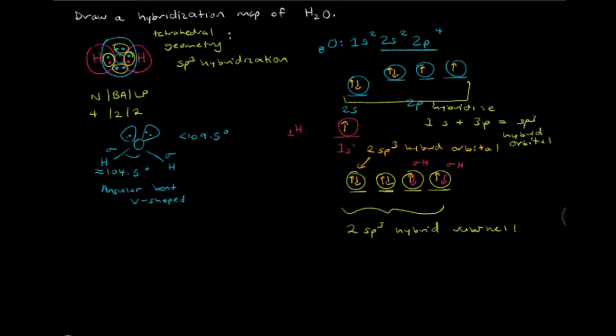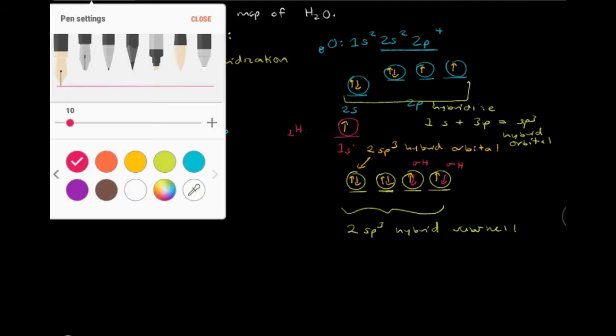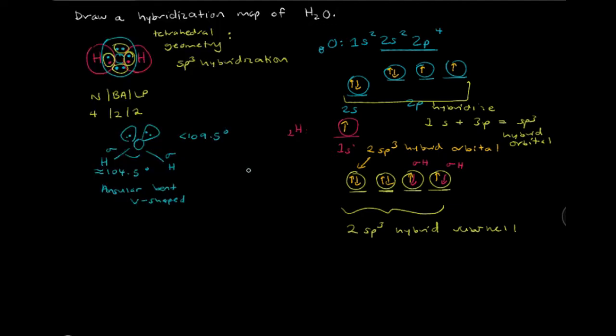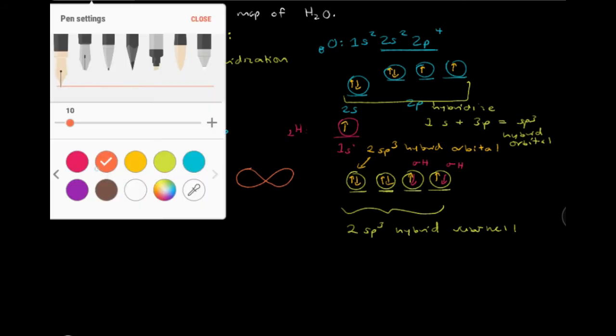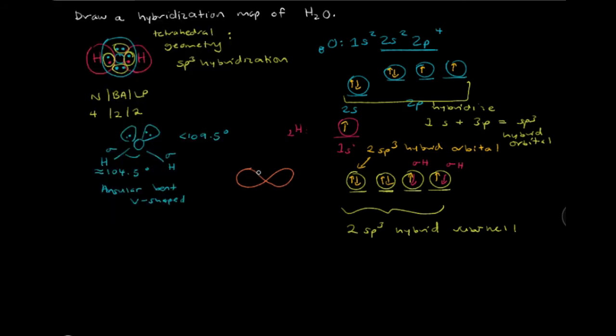Now we know that because we have a fusion of an s subshell, an s orbital, with p orbitals, each sp3 orbital will look something like this. So this is going to be a p orbital, right? This is going to be an s orbital. If you fuse them together, you'll get something that kind of looks like that.